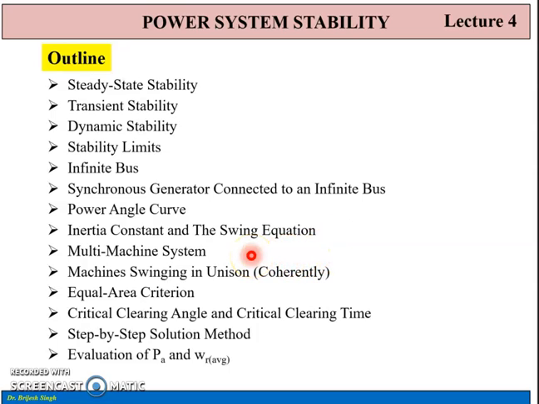Then we discussed the multi-machine model: if you have multiple machines in the network, how we get the equivalent swing equation and equivalent inertia constant for the entire system. If the machines swing in unison, or coherently, we can analyze the swing behavior of the entire system.